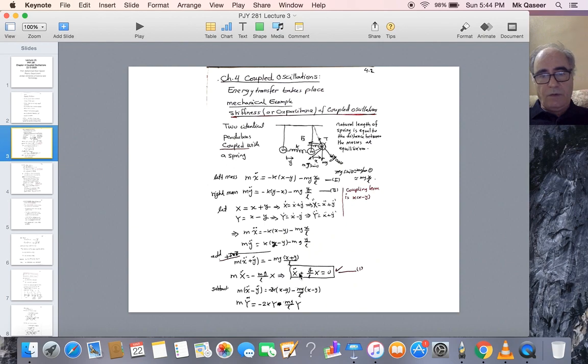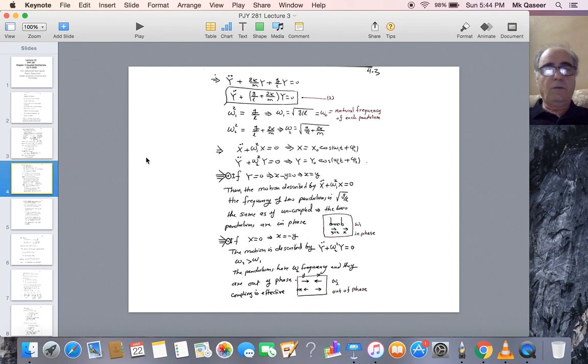So we have one equation: X double dot plus g over L X equals 0. We know this equation from before. Now subtract the two equations, and we get m Y double dot equals minus (k plus m g over L) times Y.